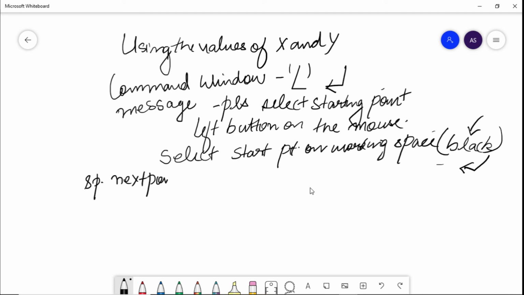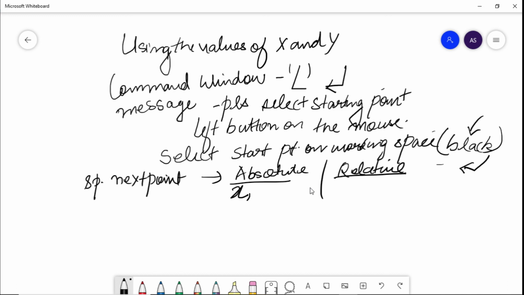So your next point now will differ. Now it is a computer. To make it work on the basis of the absolute system, you will have to make the computer understand in which system you are commanding it to draw the different lines. In the absolute system, the syntax remains in the form of x, y and enter.